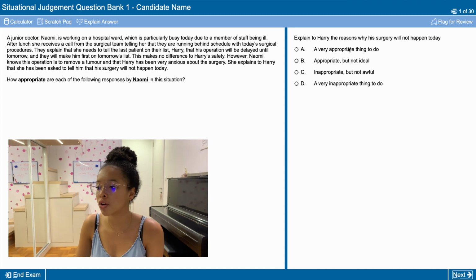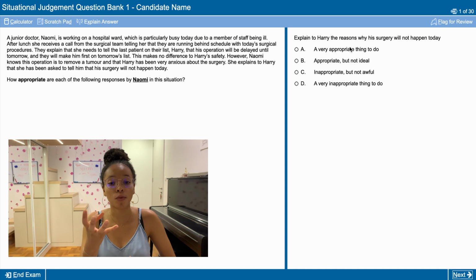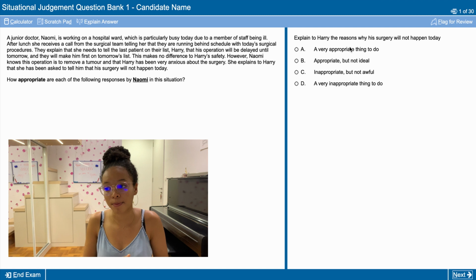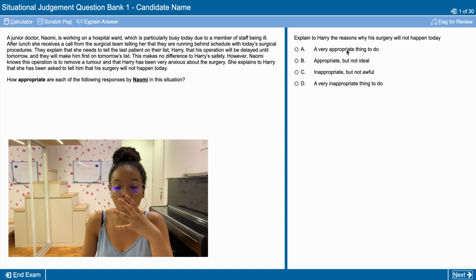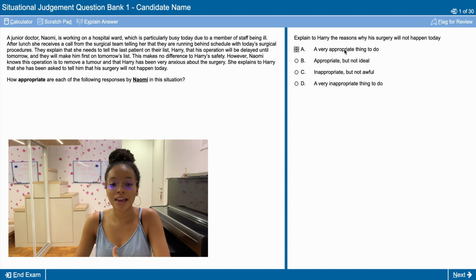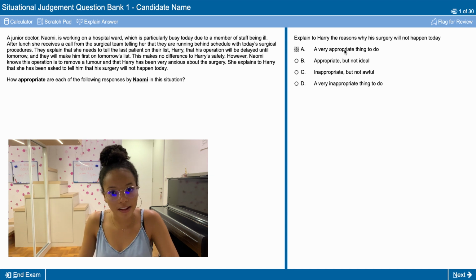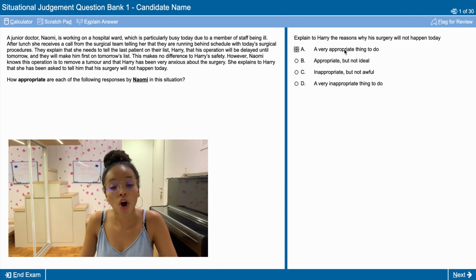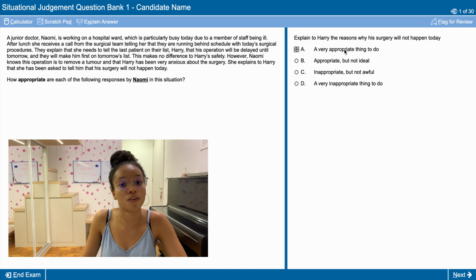Here we can clearly see that explaining to Harry, who is already anxious about his surgery, and giving him all of the details about why his surgery will not happen today is definitely appropriate. And tailoring it down, we can say it is a very appropriate thing to do, because communicating to Harry the reasons why his surgery will not happen today answers his needs, calms his anxiety, and does not cause any further harm to him. So that's definitely a very appropriate thing to do.